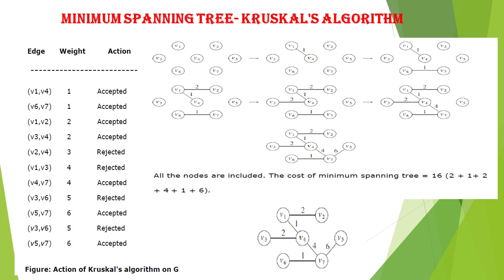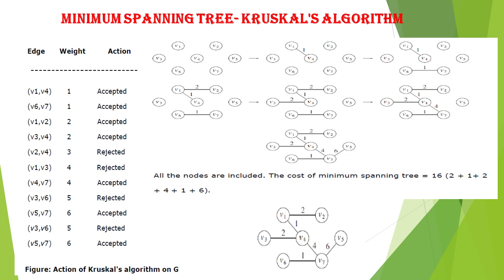When you include this edge, no cycle is created, so this can be accepted. Next, V3 to V6 with a weight of 5. While including this, it will create a cycle, so it should be rejected. Next, V5 to V7 with a weight of 6. It won't create any cycle, so this can be accepted. So this is how a minimum spanning tree is created.